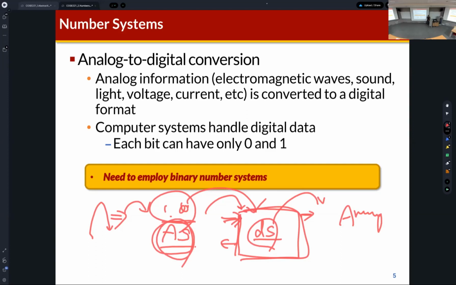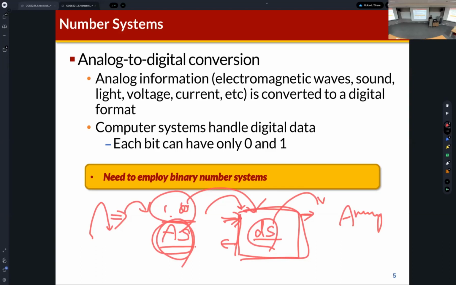So digital data is converted into analog signals in the output devices. That's how the system interacts with the real world, the analog systems.